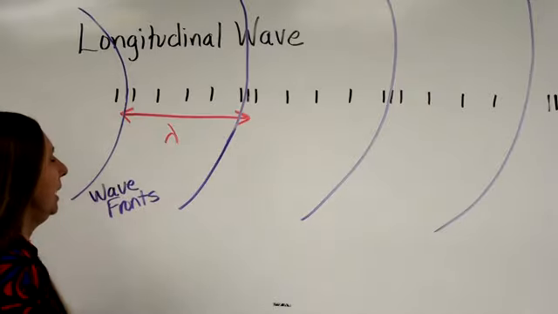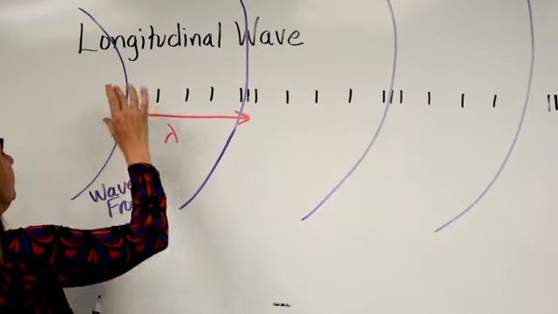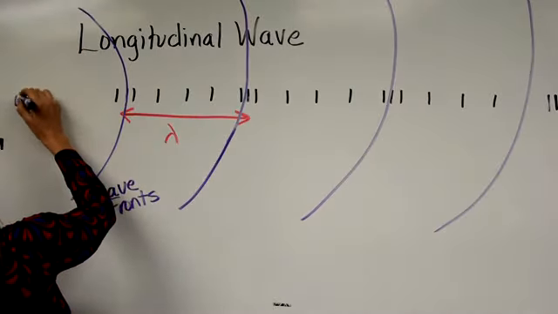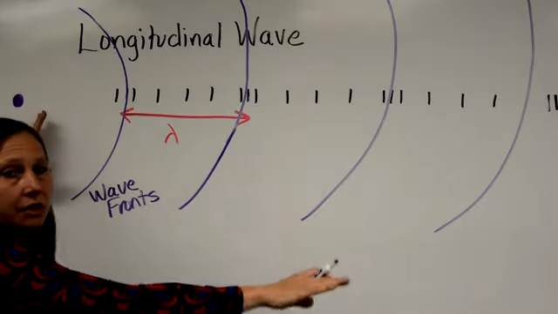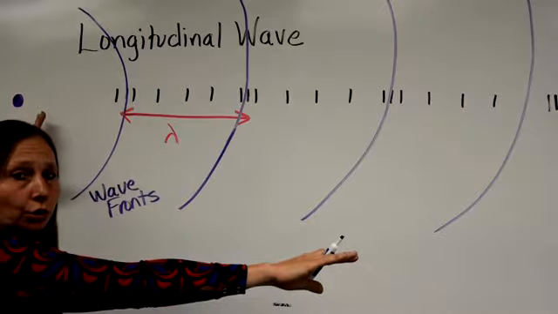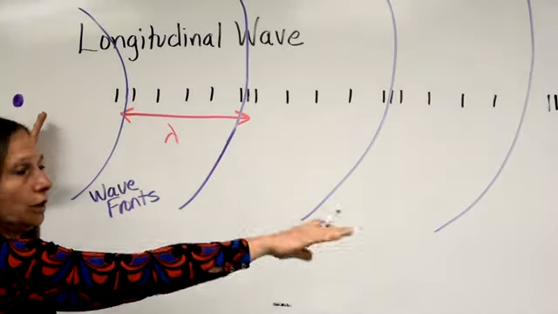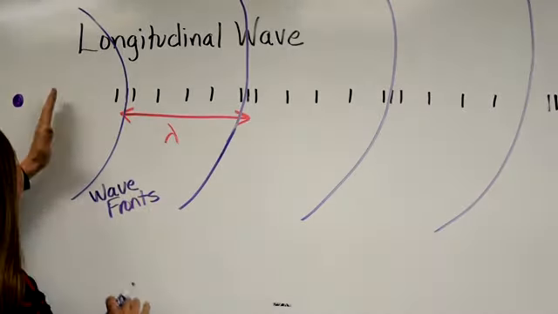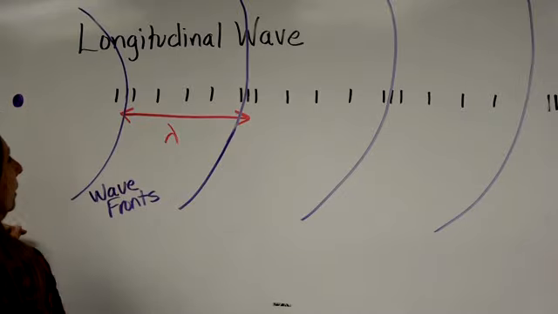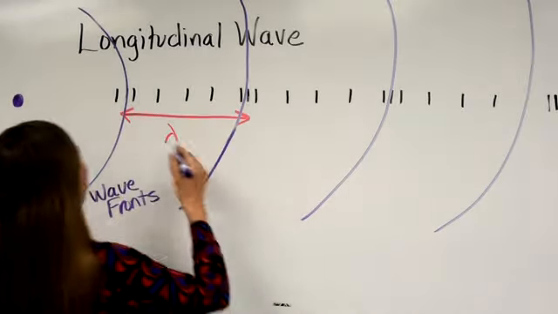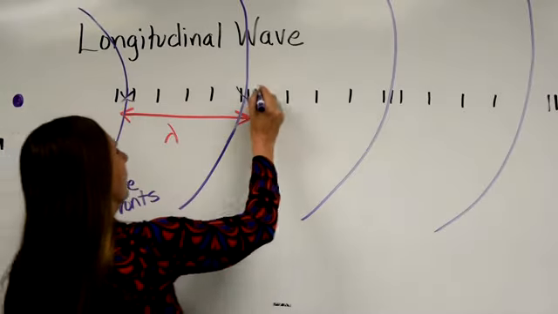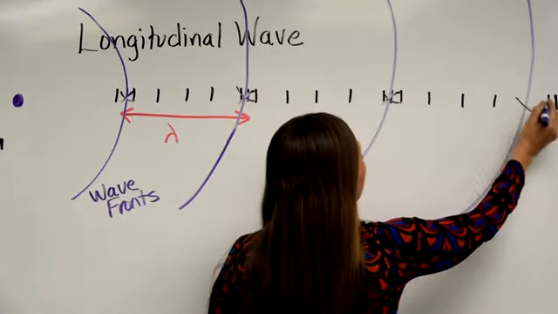And it's just showing where, if you had a source of a sound over here, the police car is over here, it's making a sound, and the sound waves are traveling outward from this point. So you've got like a semicircle coming out and marking each compression, compression, compression, compression.